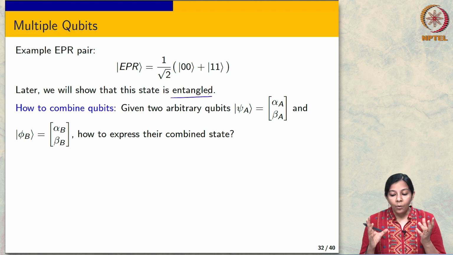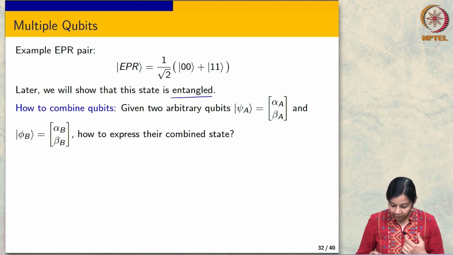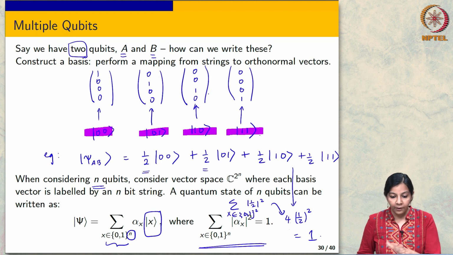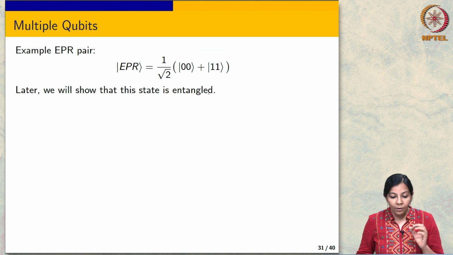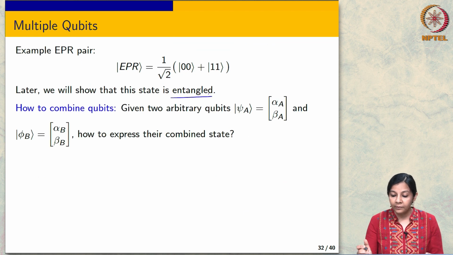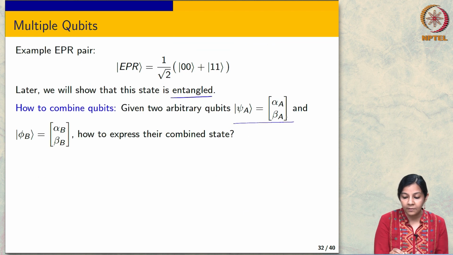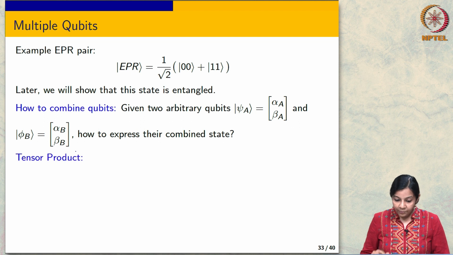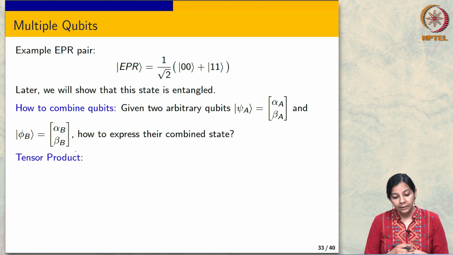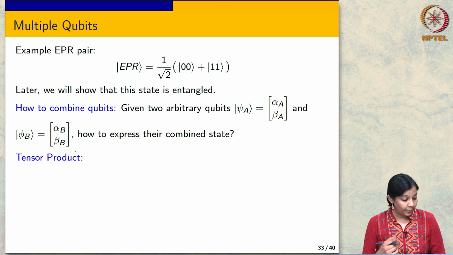So, now how do I combine qubits? So far we have seen these multiple qubits, we have talked of these basis vectors. But now if I have 2 arbitrary qubits, let us say psi A, which is this, and psi B, which is this, then how should I express their combined state? It turns out that we express their combined state via the tensor product.